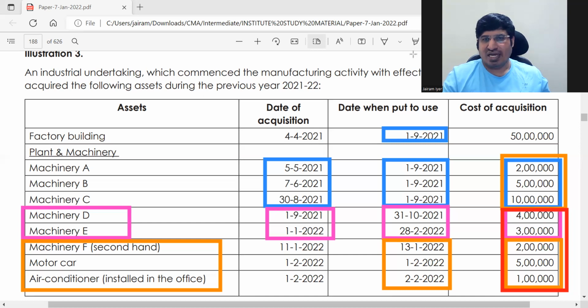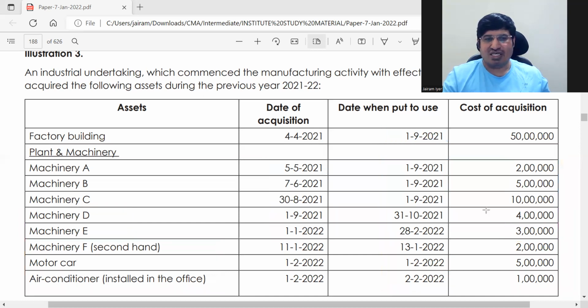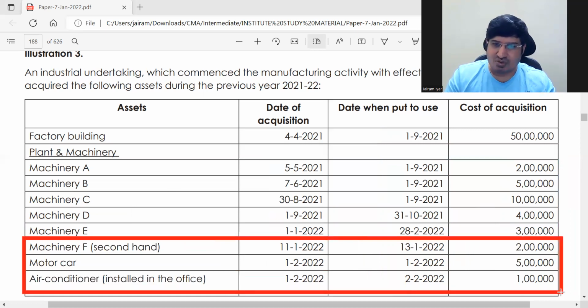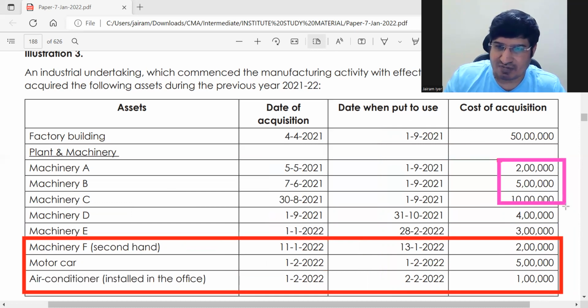So next is additional depreciation. For additional depreciation, what you have to do? One, take this out. This goes out, so nothing to think about that. Then again, now you will have two blocks here. This is 17 lakhs, same as before.